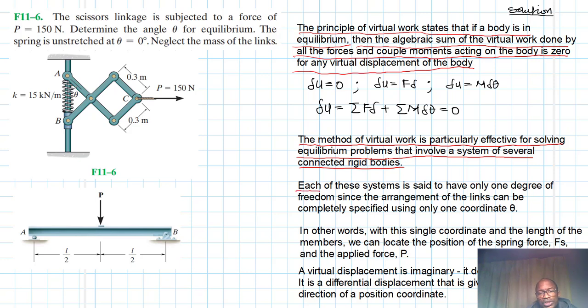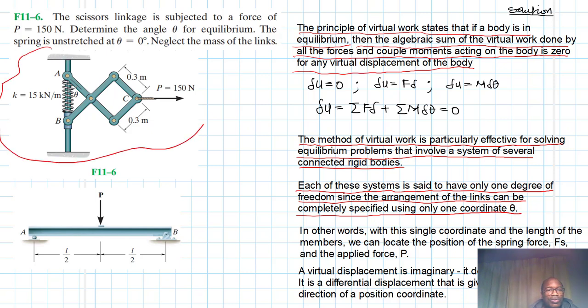Each of these systems is said to have 1 degree of freedom, since the arrangement of the links can be completely specified using only one coordinate called theta. So we are talking of course about this system here. The system that we are going to be focusing on will only have 1 degree of freedom.